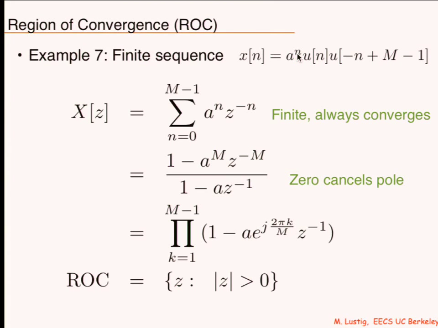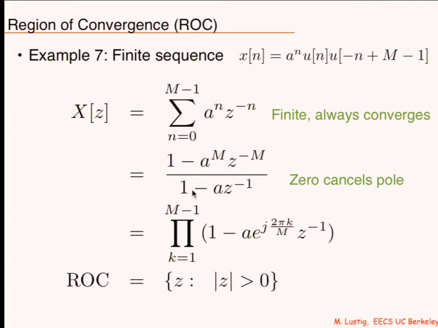Remember that. Something finite converges because it doesn't go to infinity, unless you put infinity in that sequence, and of course that doesn't make sense. So when you sum from 0 to m minus 1 of this thing, it's finite and always converges.